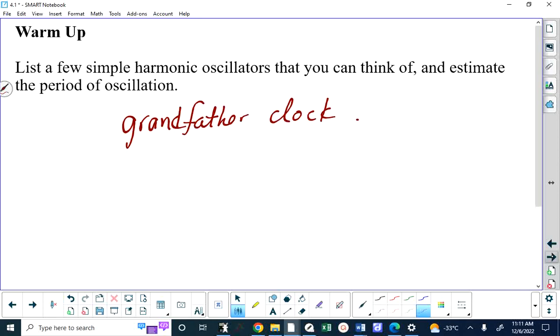They don't all swing back and forth at 1 second. The only way you can get a pendulum that swings back and forth at 1 second on Earth is to have a very specific length. I can tell you what the length is.